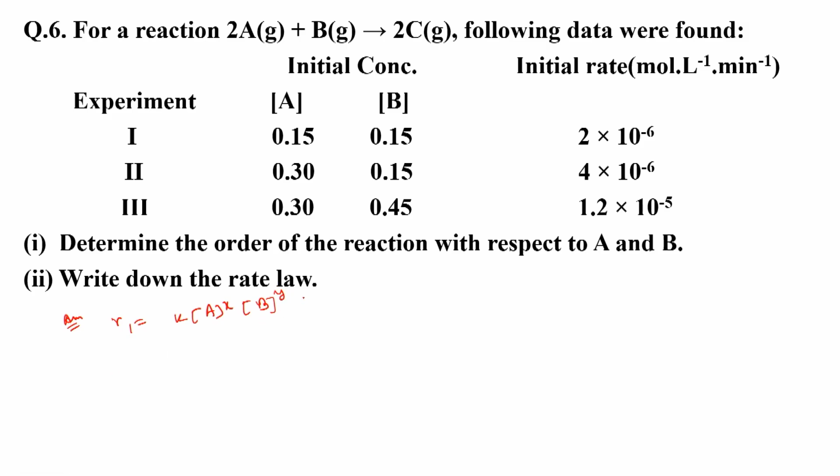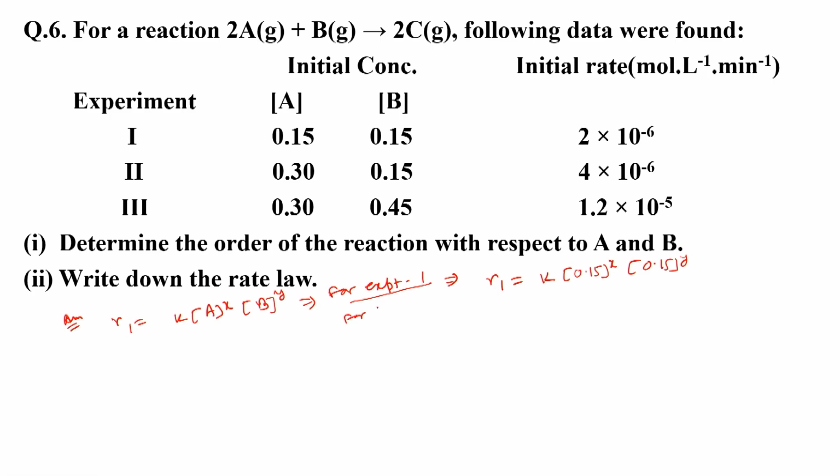Now for experiment 1, we write R1 is k 0.15 raised to the x and then 0.15 raised to the y, right.